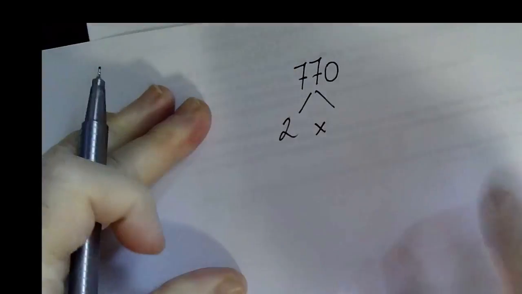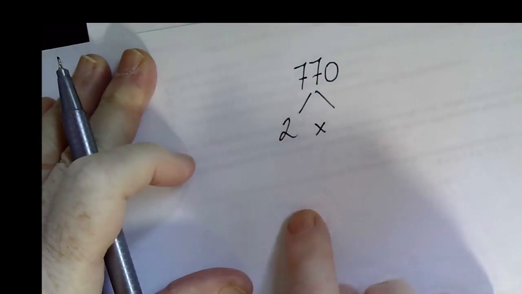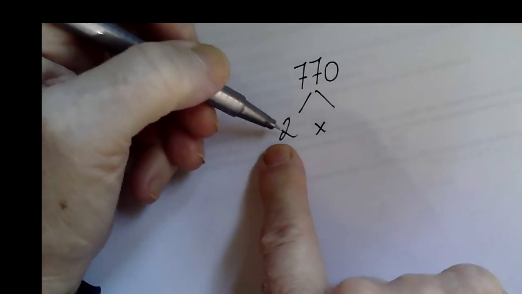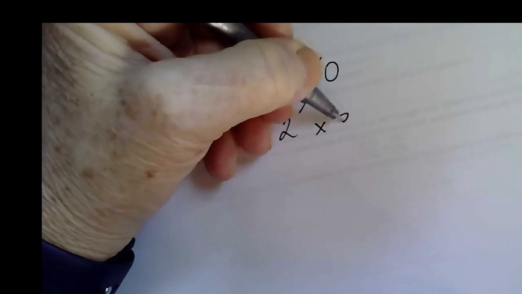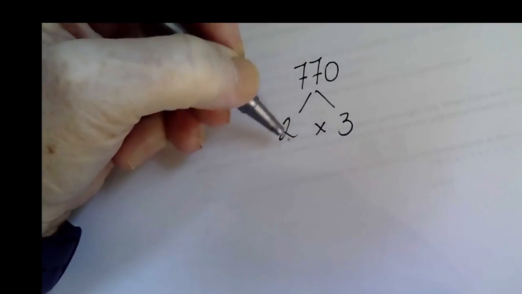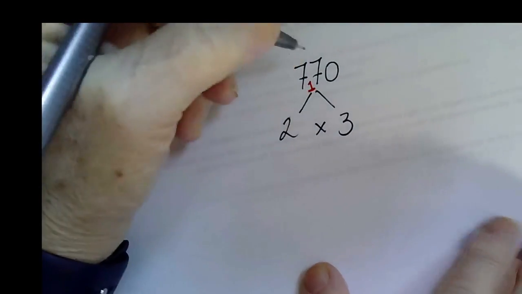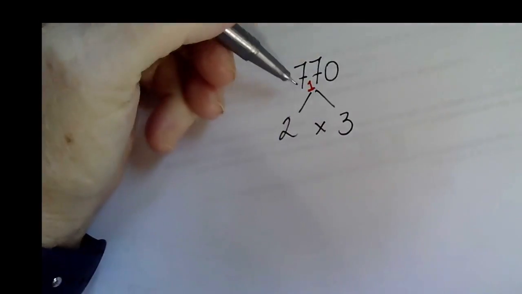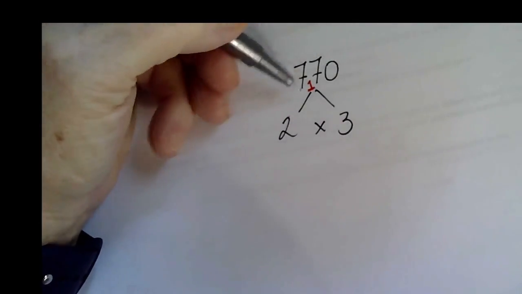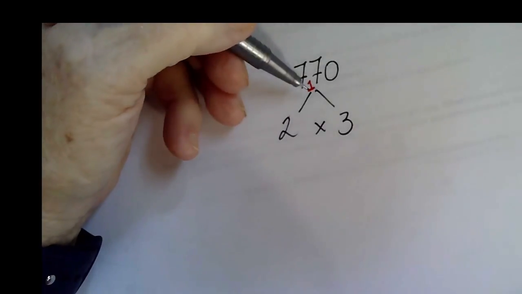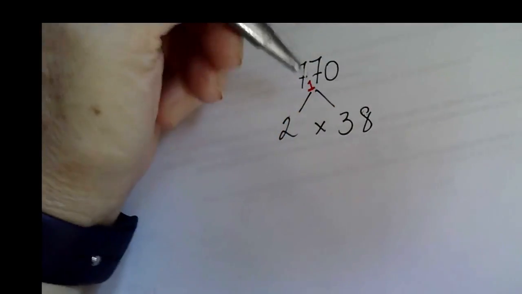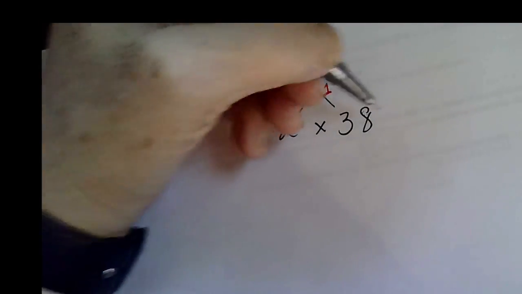And we're going to use the weird dividing shorthand again. So 2 goes into 7 3 times, but 3 times 2 is 6, so we have a remainder of 1. 7 minus 6 is 1. I put the 1 right in front of the next number. 2 goes into 17 8 times. 8 times 2 is 16. 17 minus 16, we have a remainder of 1 again. 2 goes into 10 5 times.